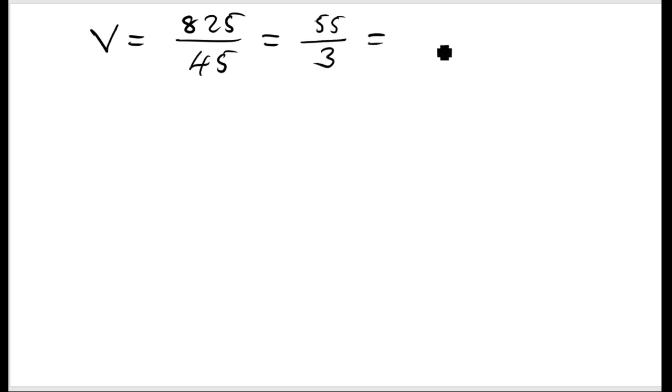Okay, 3 into 55, that will give us 3 into 5, that is 1, remainder 2. 3 into 25, that is 8. Remainder 1 over 3 meters per second. So that is the average speed for the whole journey.